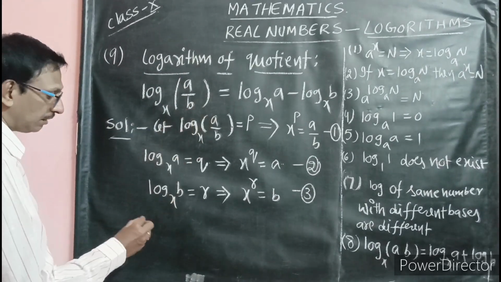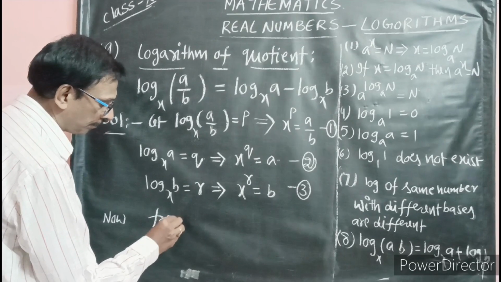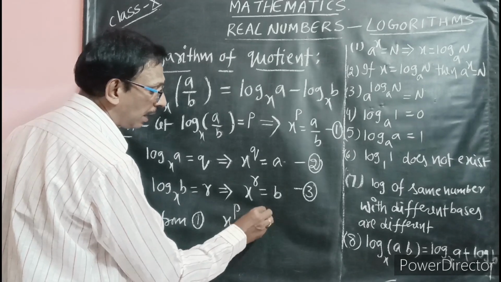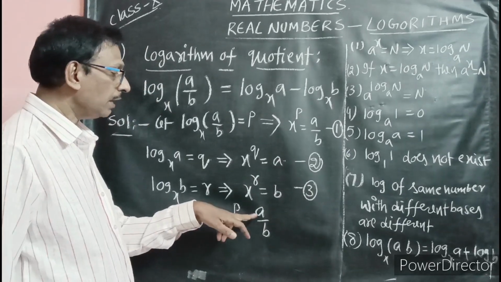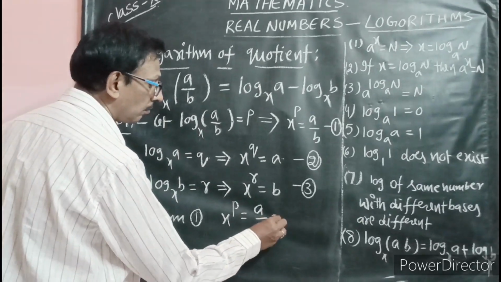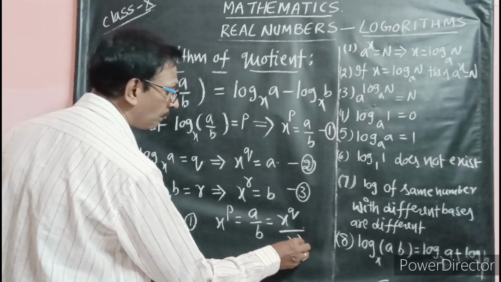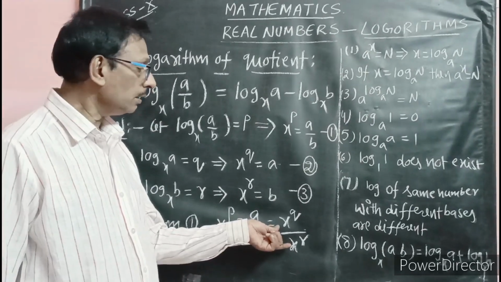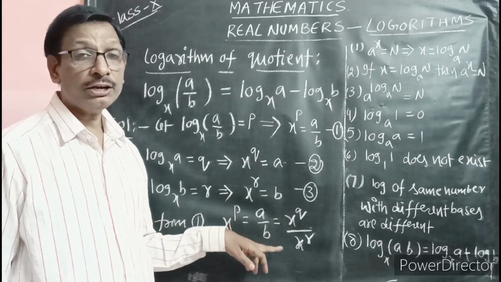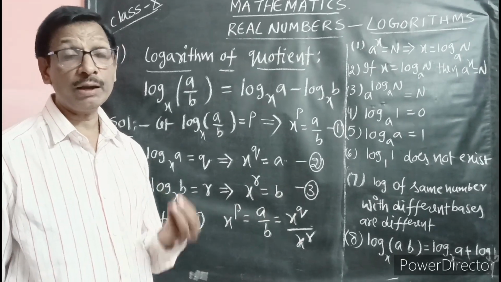Again we take the first equation. From the first, x to the power of P is equal to A by B. We replace A as x to the power of Q and B as x to the power of R. We get x to the power of Q by x to the power of R. Now, in the laws of exponents, if any number is in the form of a to the power of m by a to the power of n, that value is equal to a to the power of m minus n.